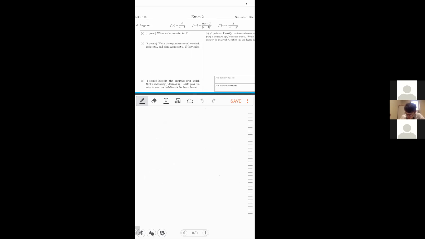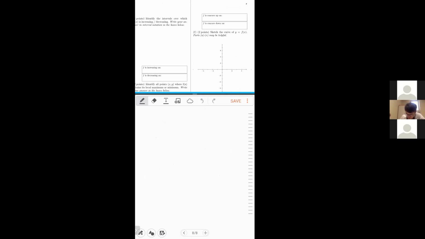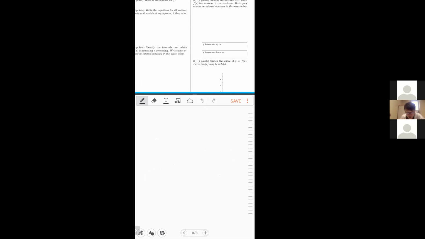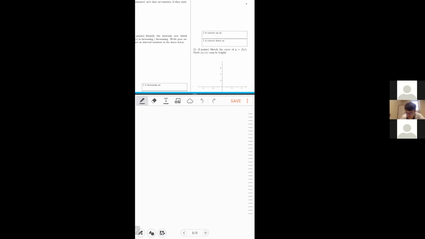Part F. Using the information that we discussed, the last part is about sketching the curve. So what do I do? What would you do?